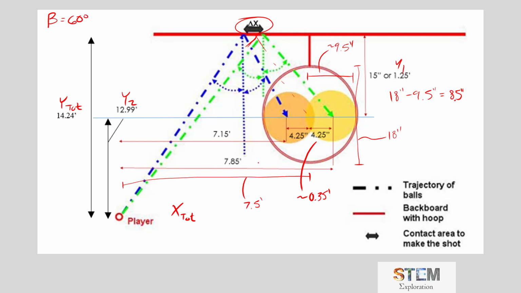The really slick thing is that for the leftward banking position, this will simply be 7.5 minus 0.35 feet, and for the rightward, we'll just take 7.5 feet and add 0.35 feet.